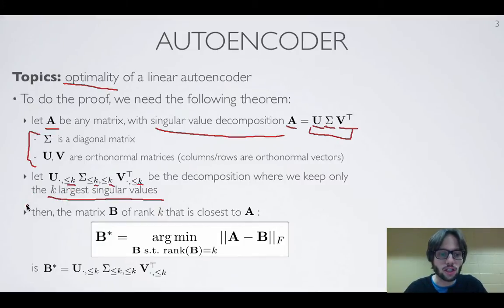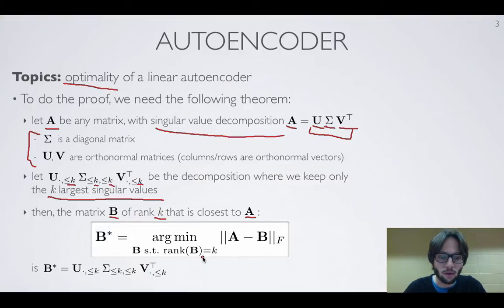Then we can actually show that, imagine for this matrix A, we wanted to find another matrix B, which is of rank K, and K would be presumably smaller than the rank of A. So imagine we want to find this sort of approximation B of A, and it's an approximation that's less complicated in the sense that it's a matrix with a lower rank.